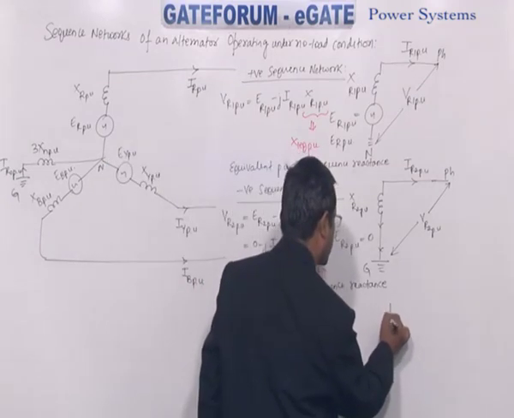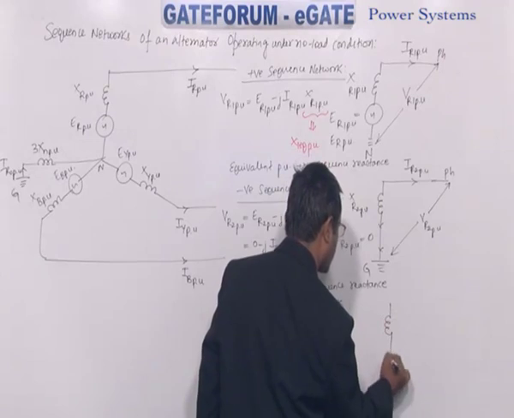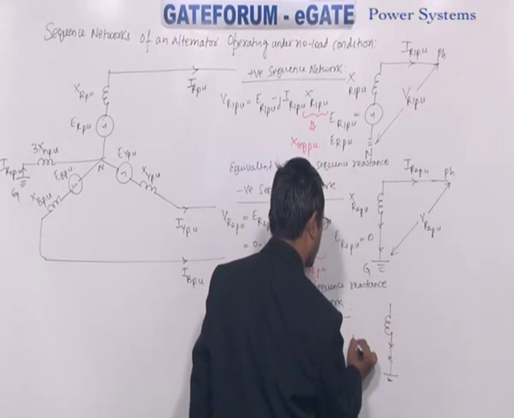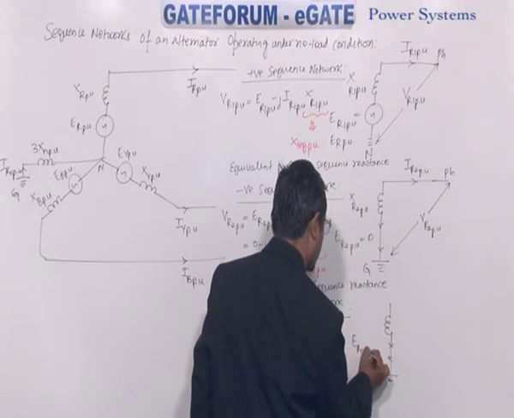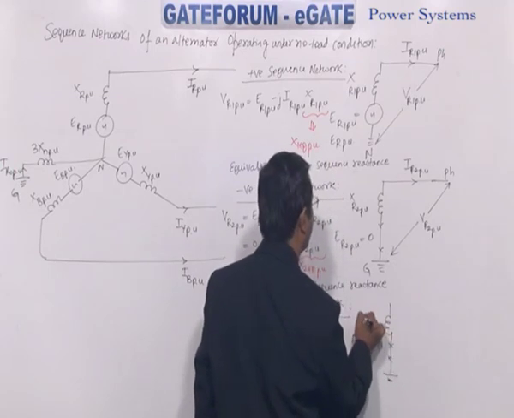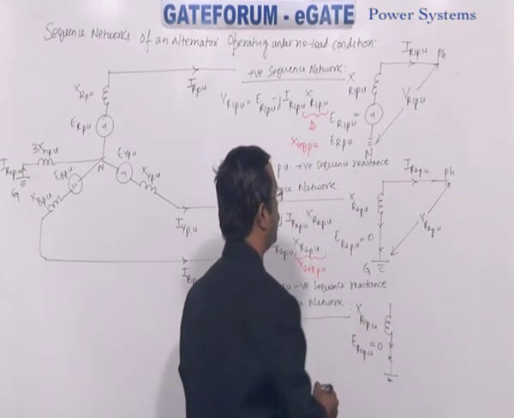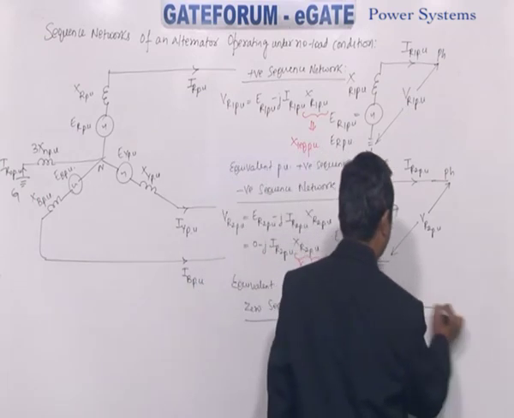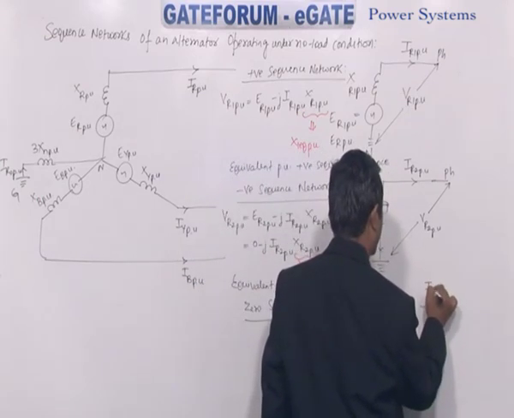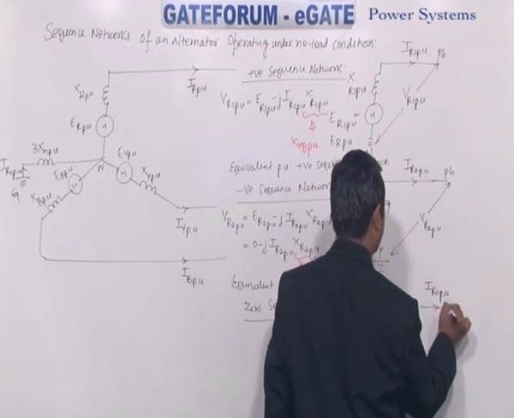So you represent its reactance and no source here. So ER naught per unit is 0. What about here? XR naught per unit. And what about the current that is flowing? IR naught per unit.